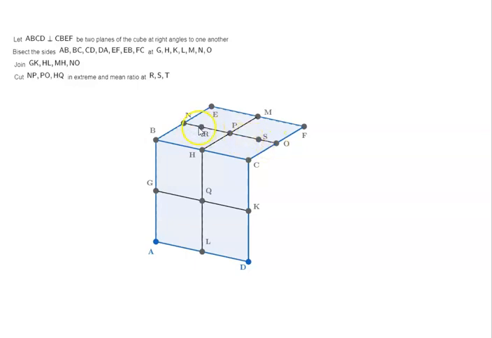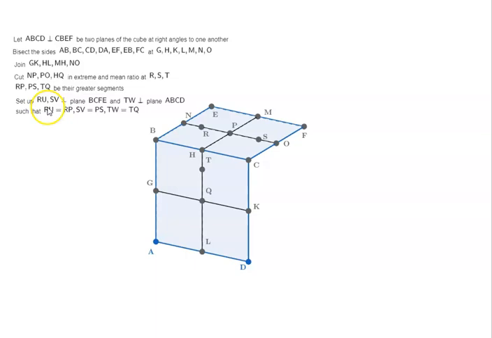NP has been cut at R in extreme and mean ratio such that RP is the greater segment. Again, HQ has been cut at T in extreme and mean ratio such that QT is the greater segment. Now RP, PS and TQ are the greater segments.